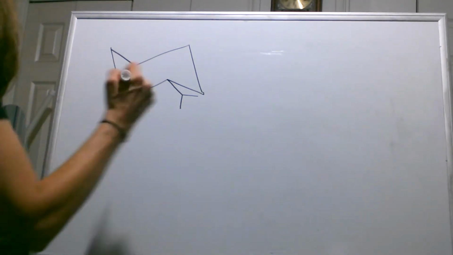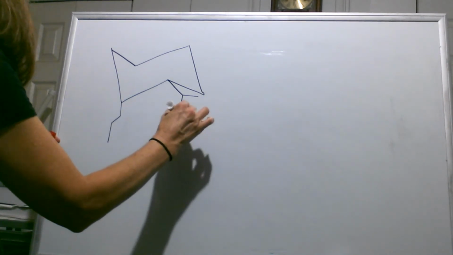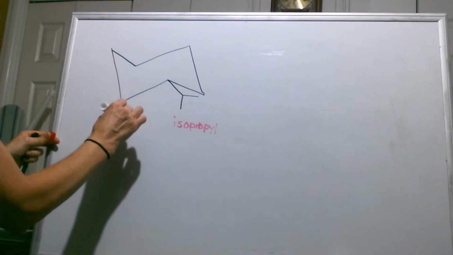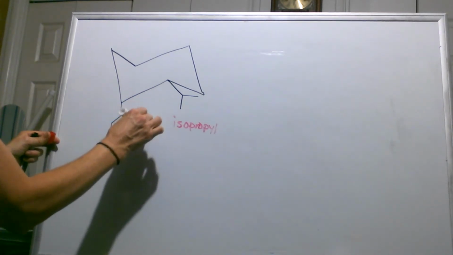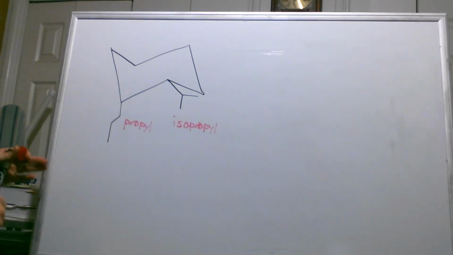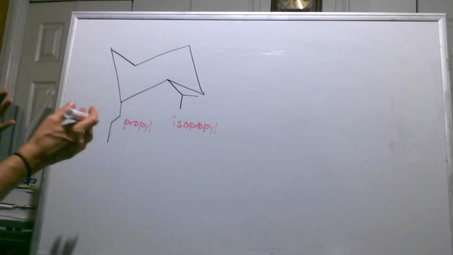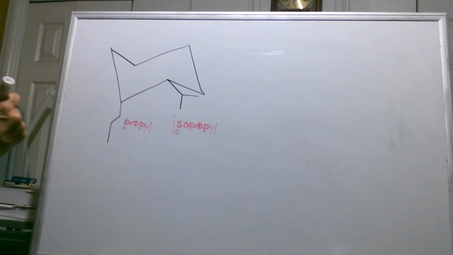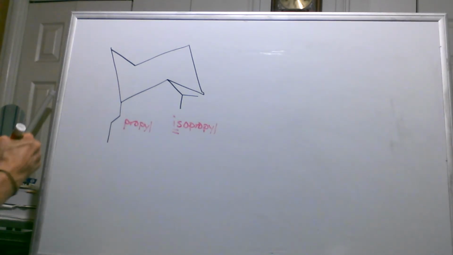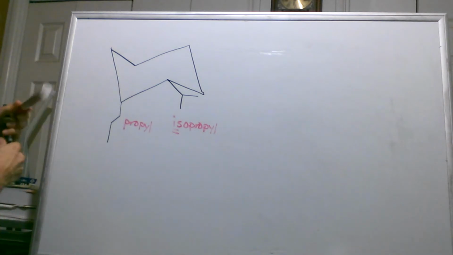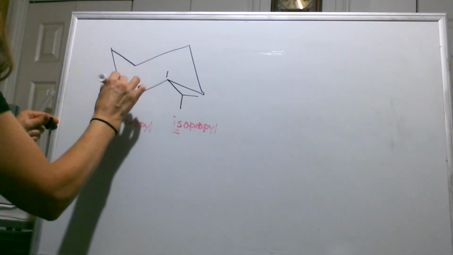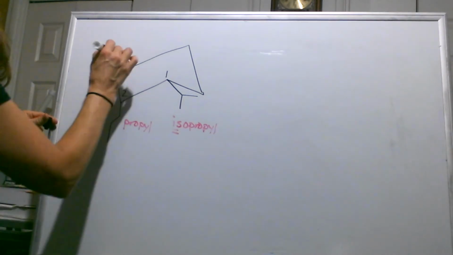And so notice that this is an isopropyl group, whereas this is a propyl group. So if we were to go through the nomenclature rules, the isopropyl, the I is alphabetically before the P for the propyl, so that means that the isopropyl is on carbon 1 and the propyl is on carbon 2.